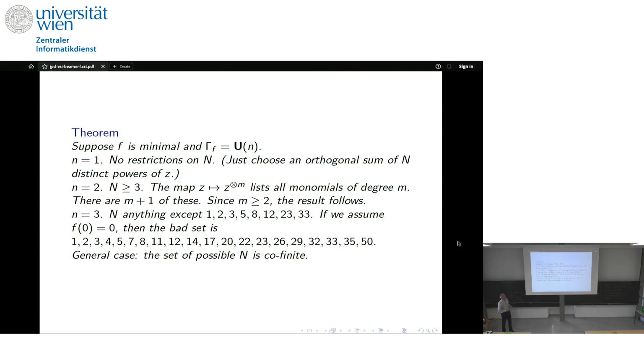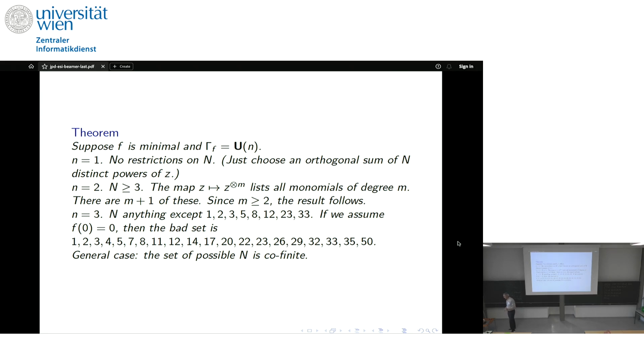Now what happens here, though, is if you have a monomial sphere map that doesn't take 0 to 0, it's an elementary lemma that there exists an automorphism of the target ball such that the composition is still a monomial and does take 0 to 0. So that means that if you have a minimal map, you might as well assume f of 0 is 0.